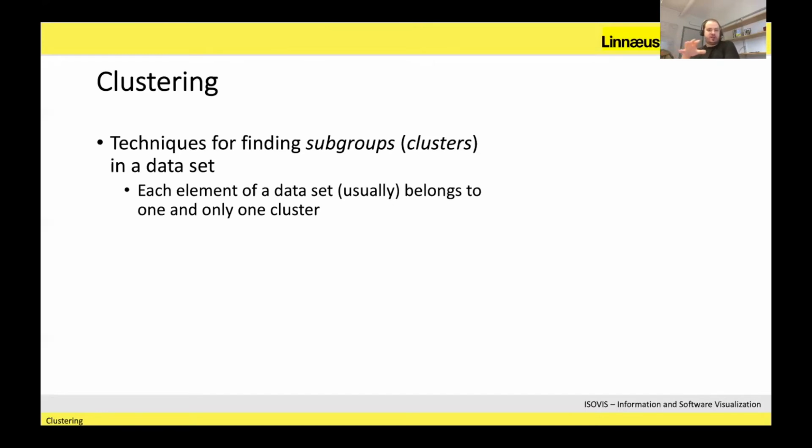This is the case we are going to treat today in the lecture because it's the most common one. Of course, there are fuzzy clustering techniques out there that will give you a probability that a data point is part of a specific cluster or another.